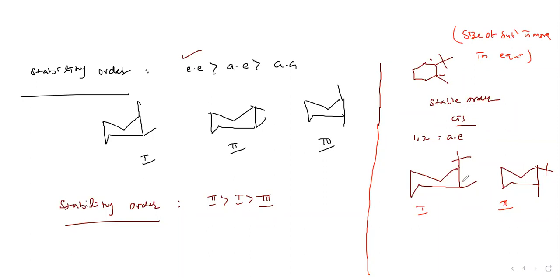That is more stable. So which one is more stable? Right. Then stability order, the second is greater than the first. Both are cis, both are axial equatorial, no doubt at all, because this is axial equatorial, this is equatorial axial. But the larger size substitution you should write in equatorial, that is always more stable.